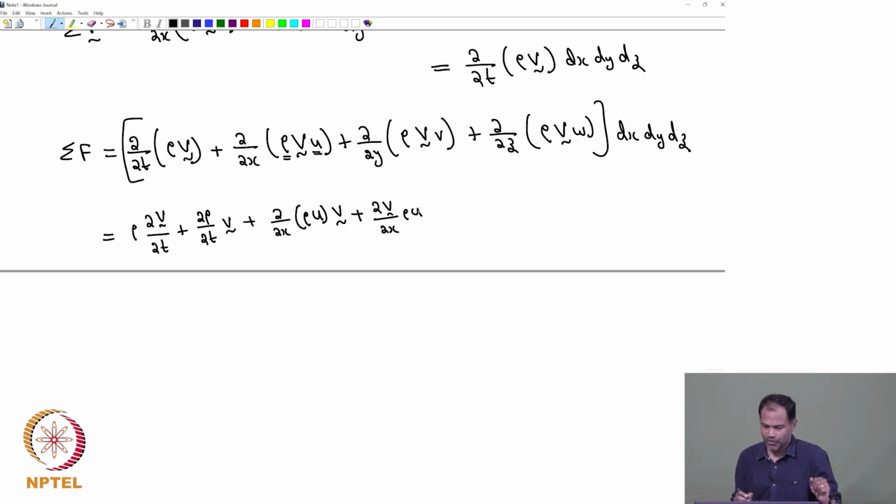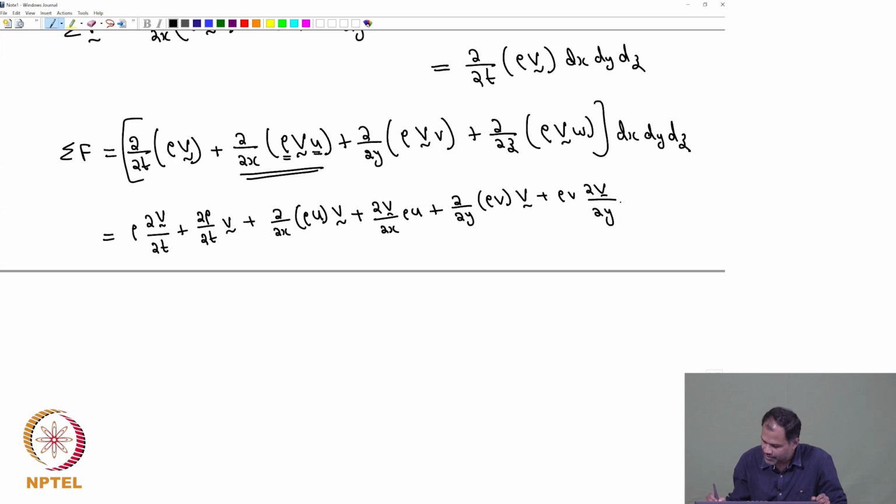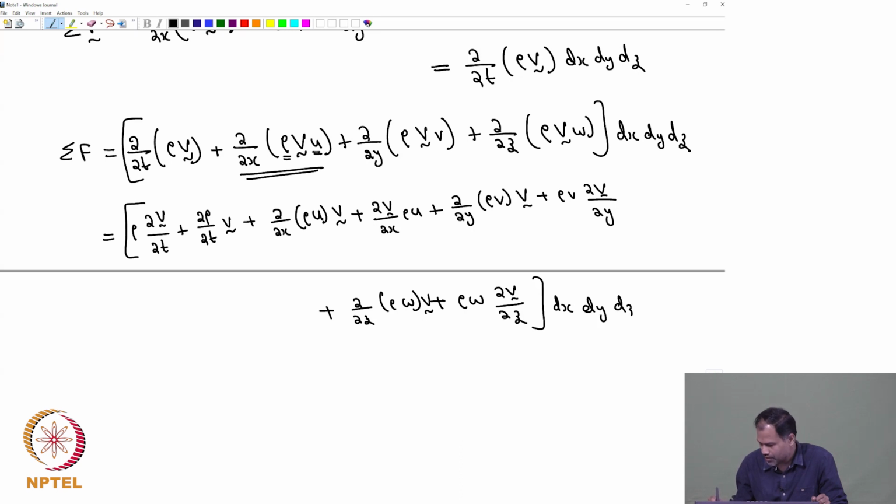So, that is just the product rule of this particular term, okay, and so on, plus del by del y of rho v times v plus rho v times del v by del y, plus the last term del by del z of rho w times v plus rho w into del v by del z times dx dy dz.